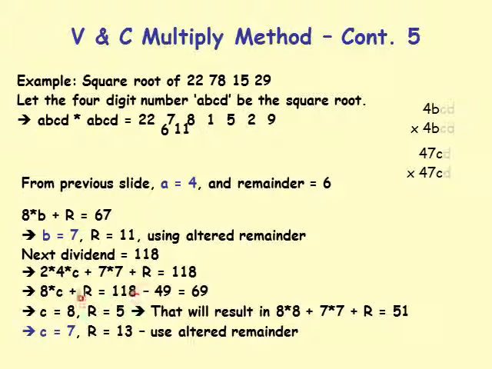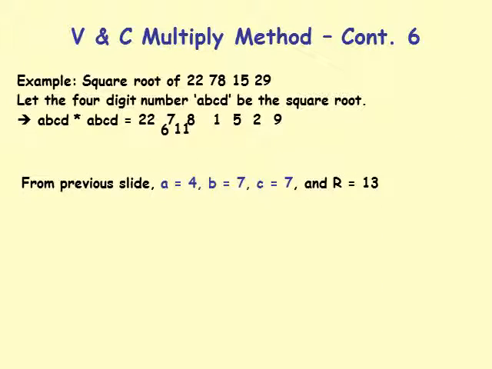So in this equation here, if I use C is equal to 7, that would get me R equal to, instead of 5, 13 here. That's altered remainders. So we have A is equal to 4, B equal to 7, and C equal to 7, and remainder is 30. Let's continue. Next dividend is 131, right here.